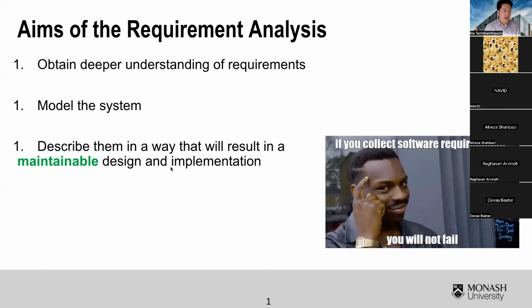Okay, so the aims of the requirement analysis, there are three things. First, to deeply understand the requirement. Requirement is just text, it's high level, it's vague, sometimes it's not clear, but once we extract the requirement and model it, everything becomes clear. That's the structure, then we understand the structure of the software system and how the software system will behave as well.